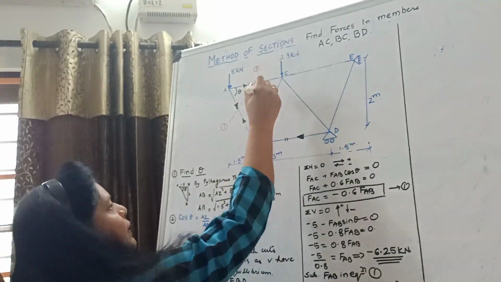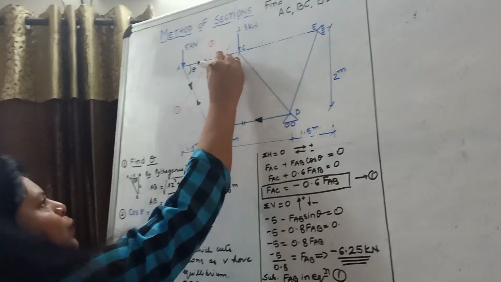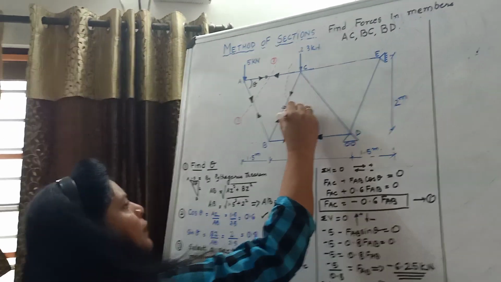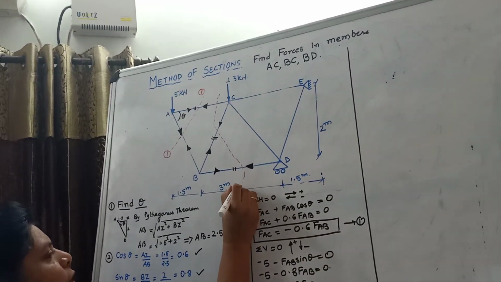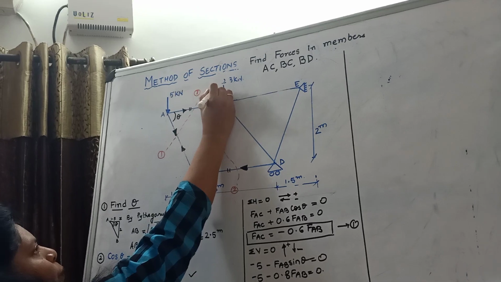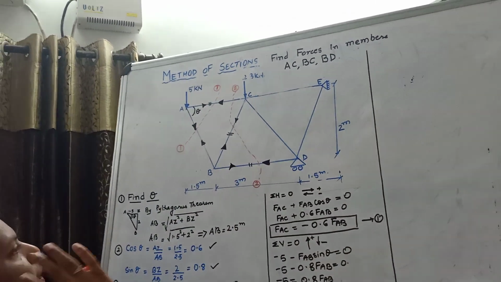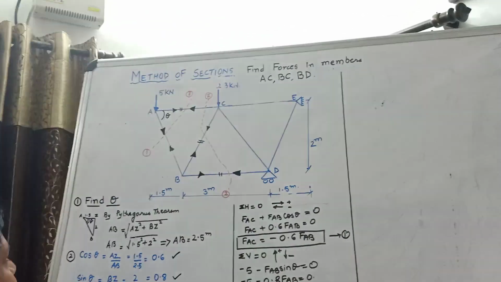So I will take this as my section 2. This section 2 is dividing the truss into two parts, right side and left side.